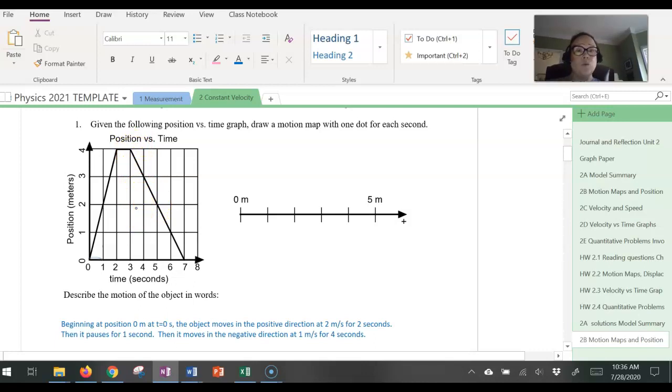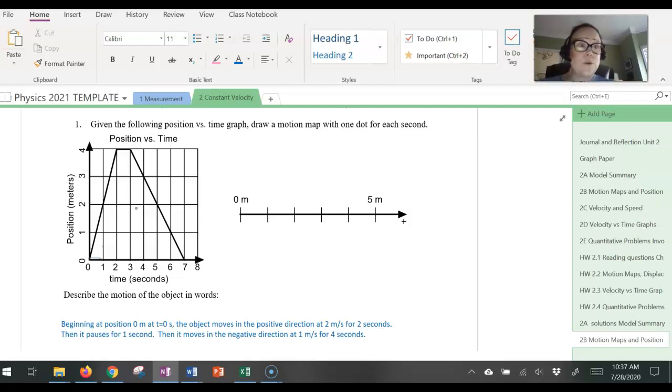Okay, so we've now described this motion in words. Notice that it takes a lot of words to clearly and unambiguously describe how this object is moving. These graphs, the position versus time graph and the motion map, give us the same information, but we can just look at those and very quickly get a sense of how the object is moving.